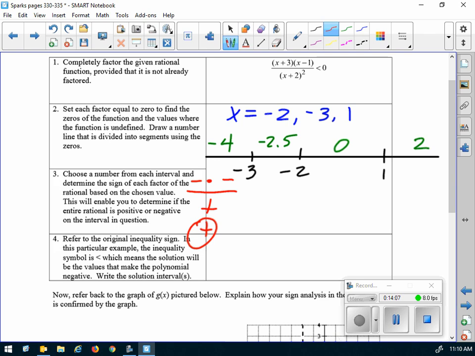-2.5. Oh, I didn't want that. I heard positive. -2.5. Do you have to worry about your denominator? Because when you square it, you're going to get positive.